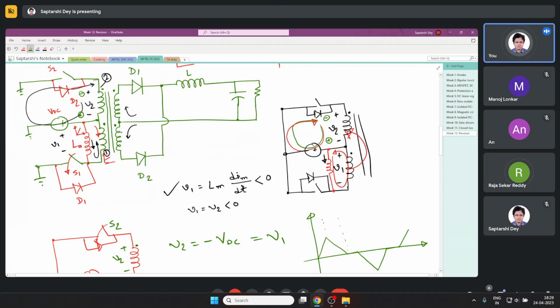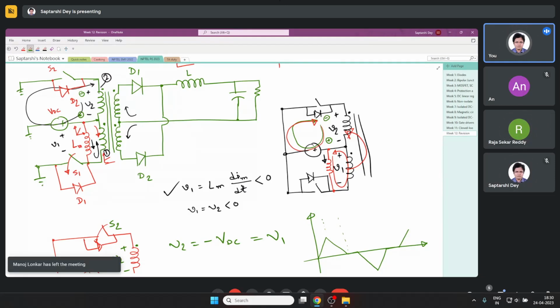So at the end, how much flux is flowing through the transformer core depends on the magnetizing inductance, the supply voltage and the duty ratio, obviously. So that does not depend on the load. Keeping everything same, if you change only the load, flux will not change.